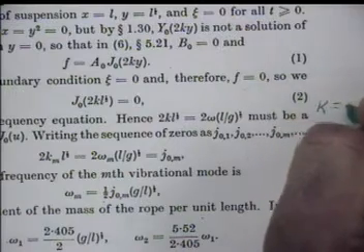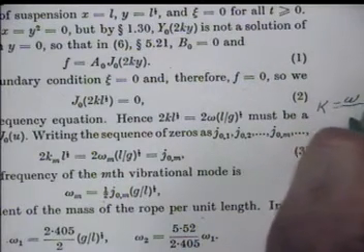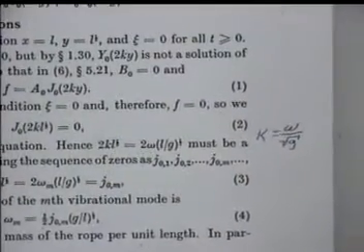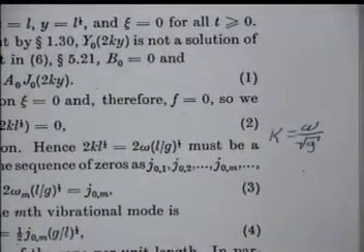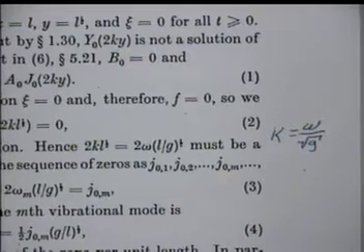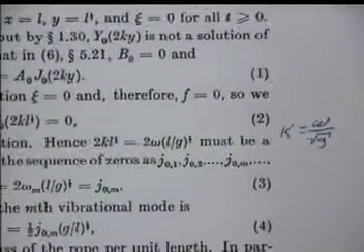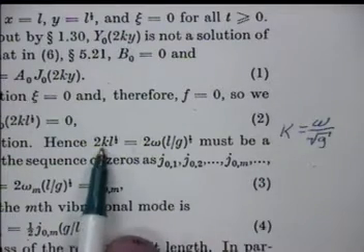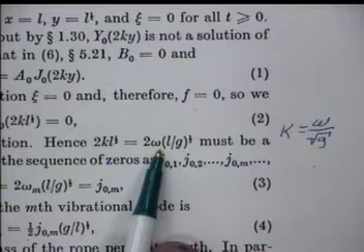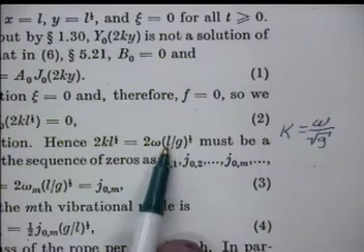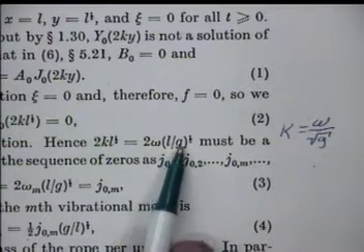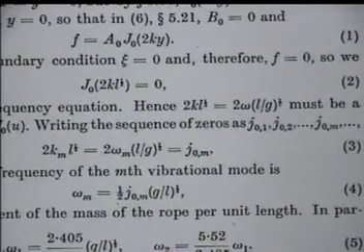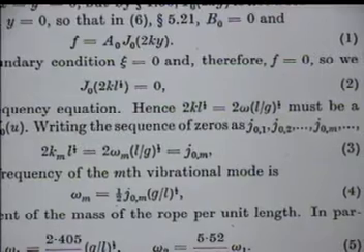Say that k is equal to omega over the square root of g. When we make this substitution for k, we get 2 omega times the square root of L divided by g. And they call that the frequency equation.